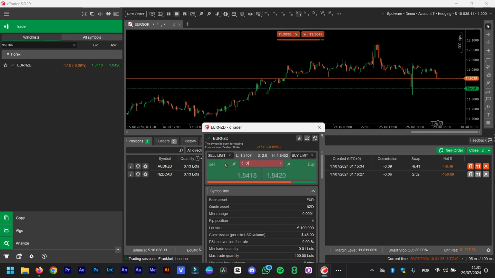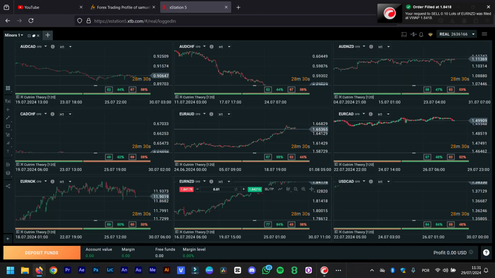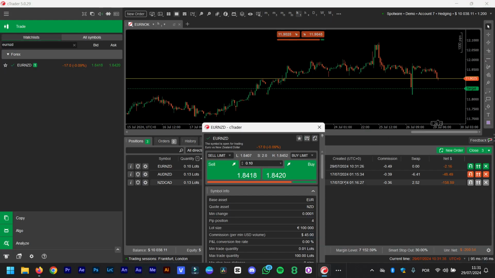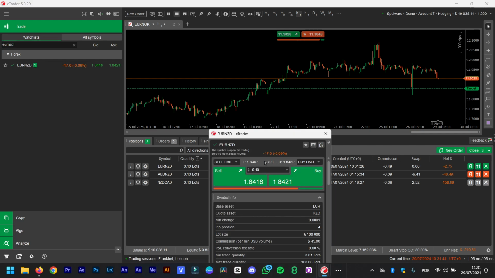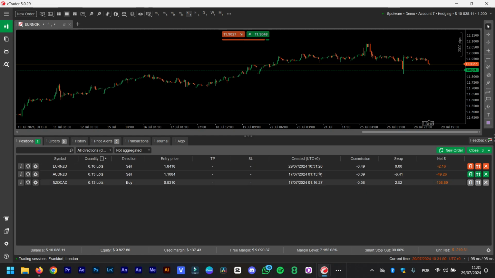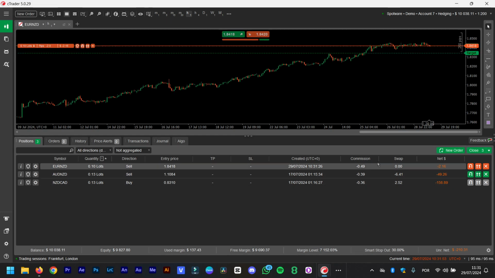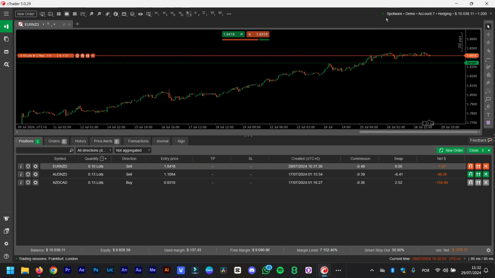I'm gonna sell NZD at 0.10. As you can see, there's a huge imbalance here and the chart's going up, so I'm gonna try to counterbalance it with NZD. Spread's really cheap right now, so 2.0. 49 cents of commission. And margin levels at 7,000%. So we are pretty safe with this account.